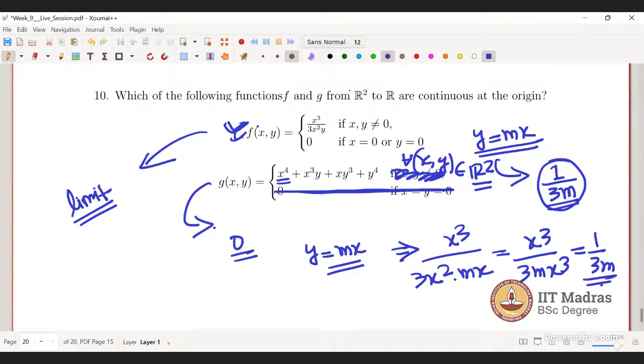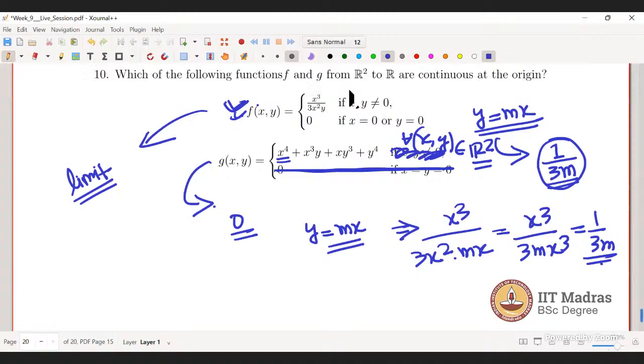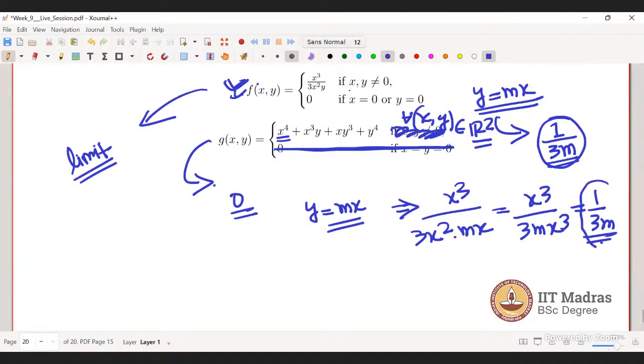The limit comes in terms of m, which means the limit depends on the slope of the line you are taking. If you take two lines of different slopes, the limit is different.